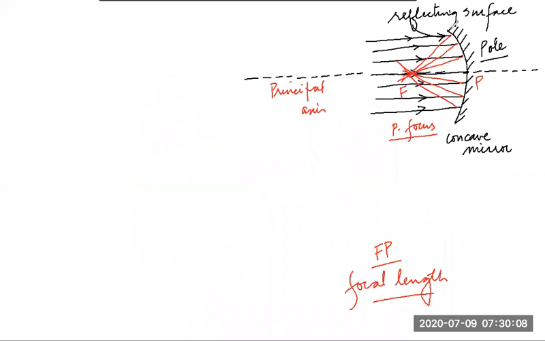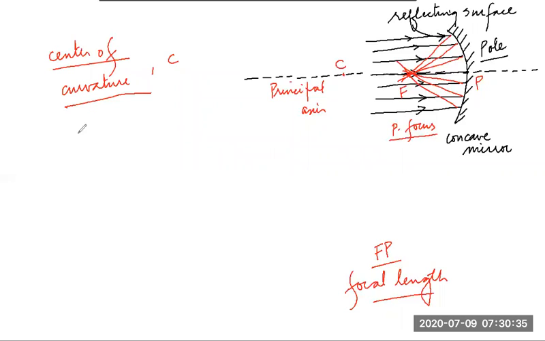Now let's say, students, if you extend this sphere like this, somewhere here will be the center of curvature, and this is represented by C. So I'll write here center of curvature. I'm representing it by C.